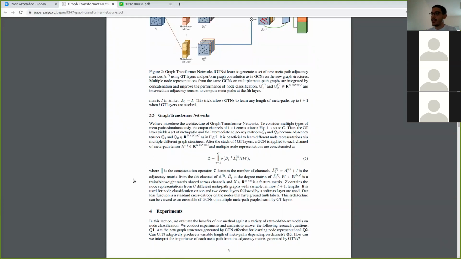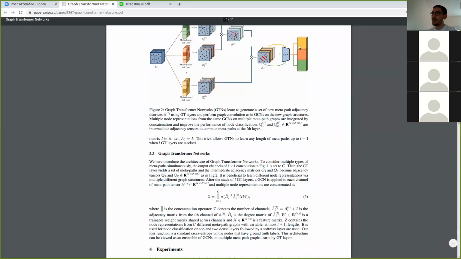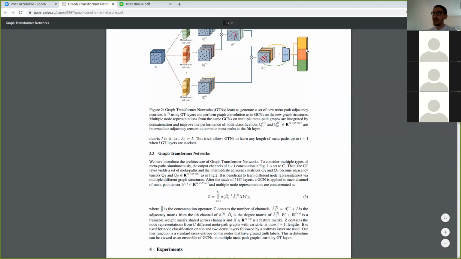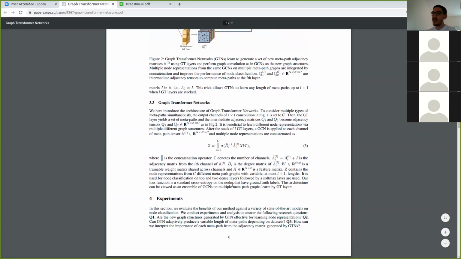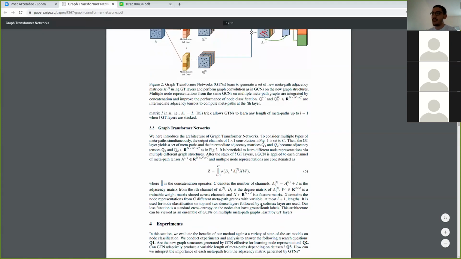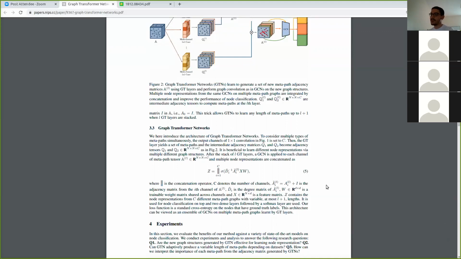As the task to benchmark this architecture is node classification, after the high level node representations are computed, they are passed into two dense layers followed by a softmax on the classes of interest.